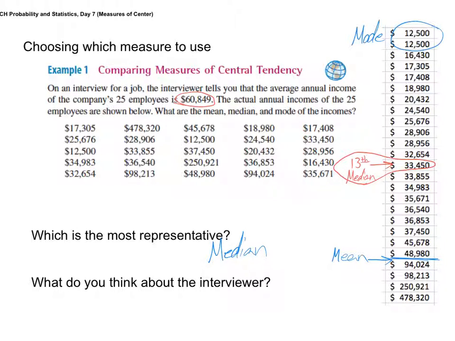No, the mode. Yeah, if you really wanted to misuse the statistics, you'd use the mode. Hey, the mode of our data, our people are making on average $12,500. Well, that's not accurate either. That is the mode, but that doesn't represent what's actually going on.